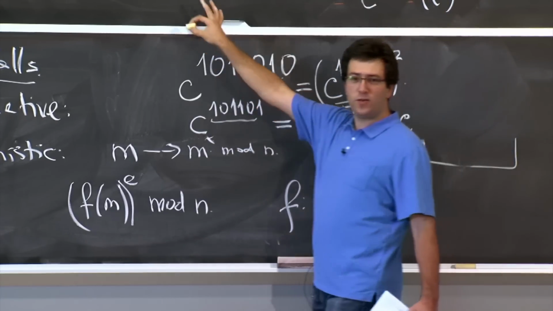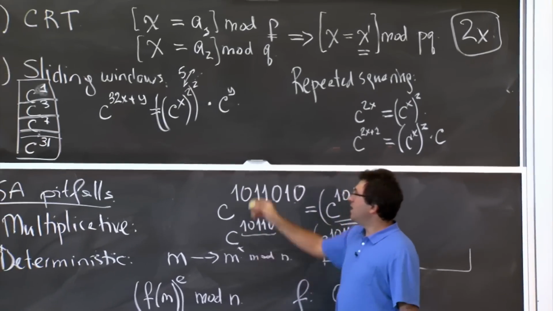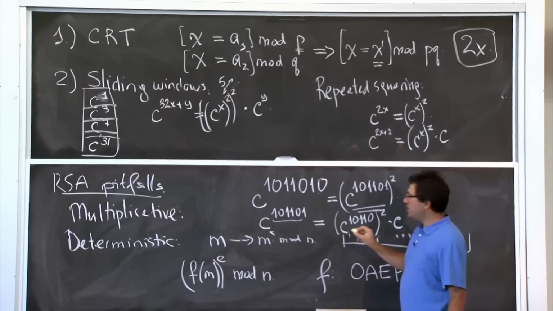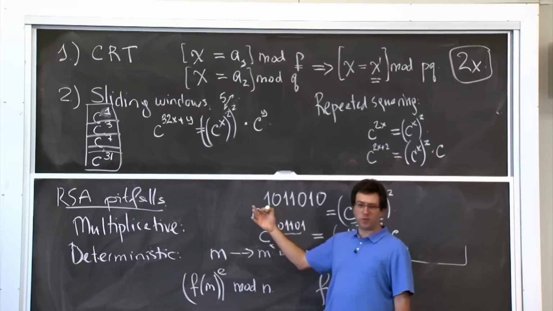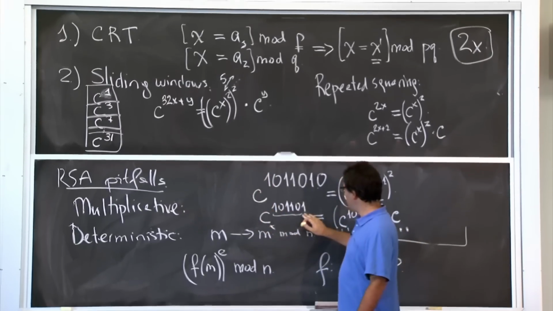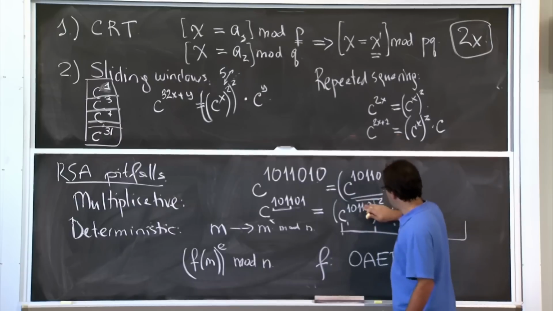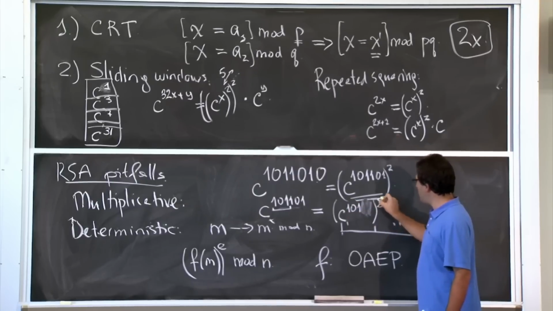And for sliding window, you just grab more bits from the low end. So if you wanted to do the sliding window trick here, instead of taking one c out, instead of this giant table, maybe we do 3 bits at a time. So we go up to c to the 7th. Here, you would grab the first 3 bits, and that's what you would compute here, c to the 101 to the 8th power.